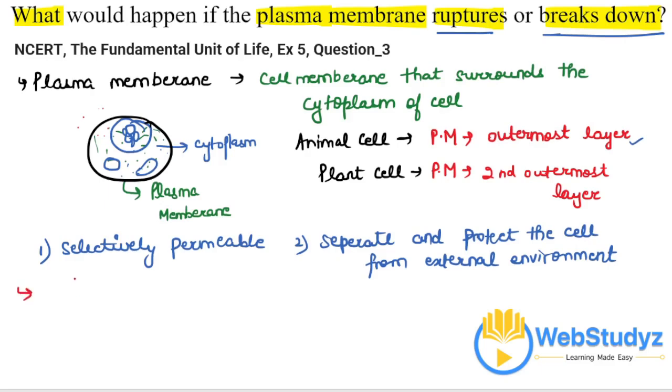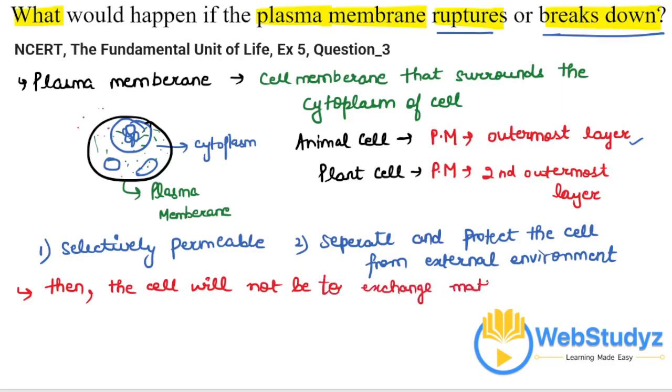If for any reason the plasma membrane ruptures or breaks down, then the cell will not be able to exchange substances, or we can say exchange materials, from its surroundings. Why?